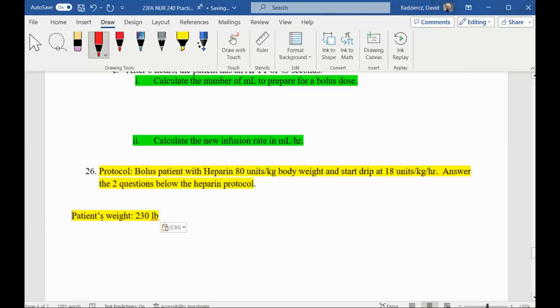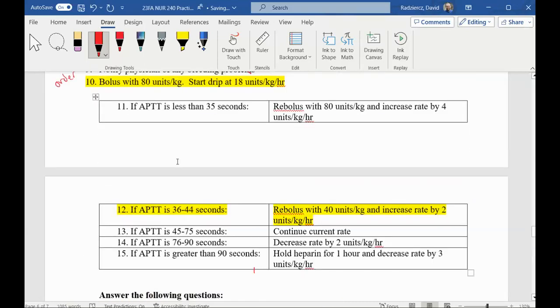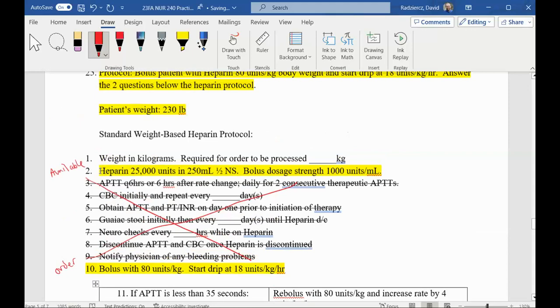So what I'm going to do is grab the information that I need, and then I'm going to create a separate type of question.